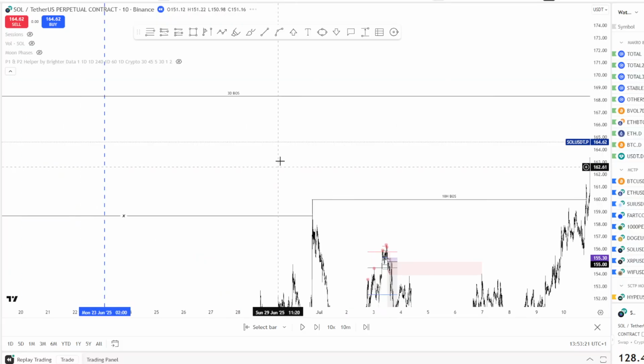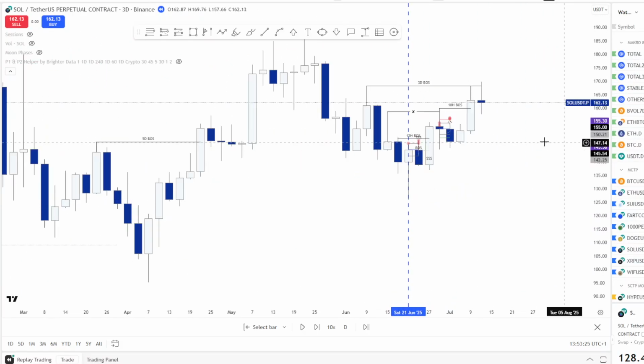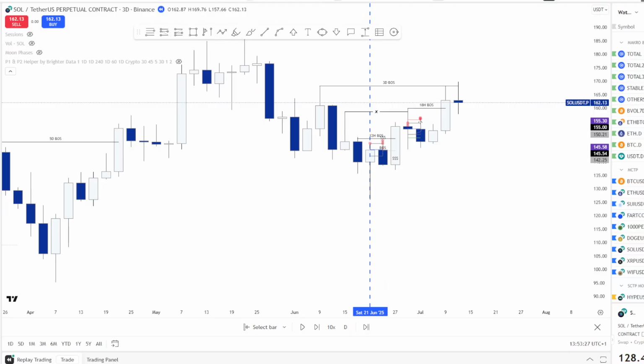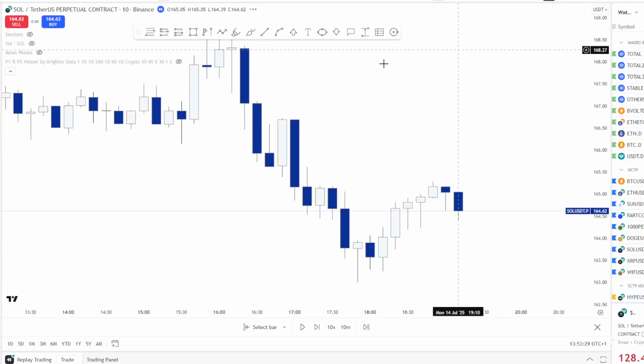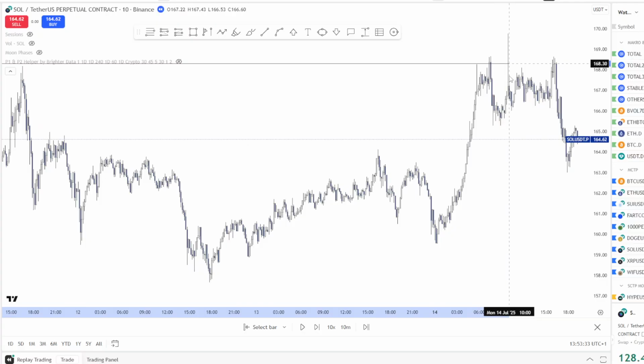So this is our 3-day market structure. Always be aware of your higher time frame.